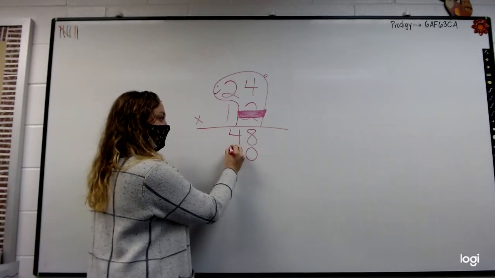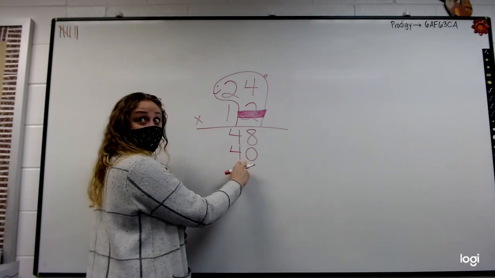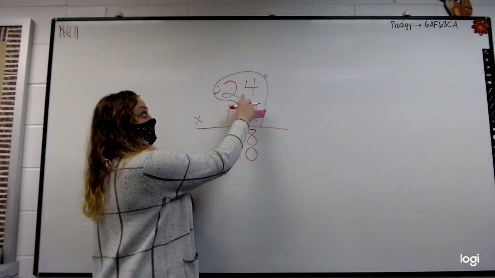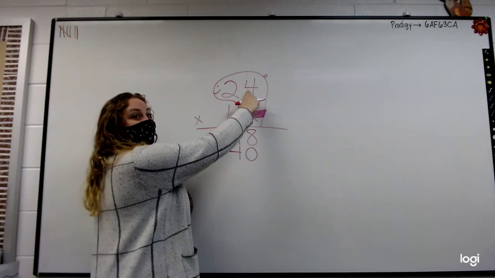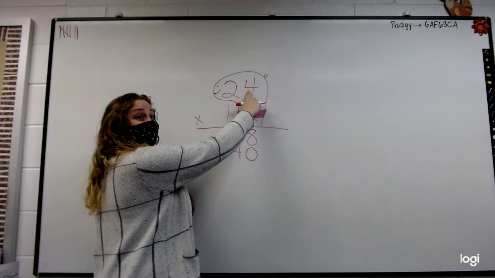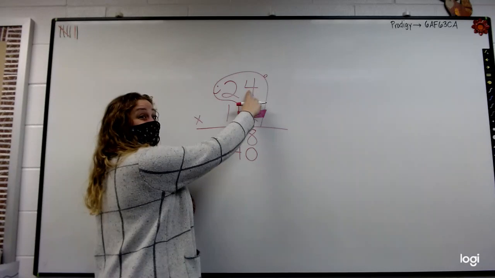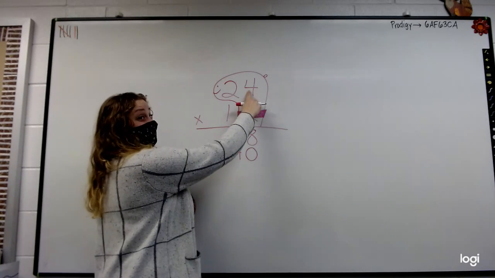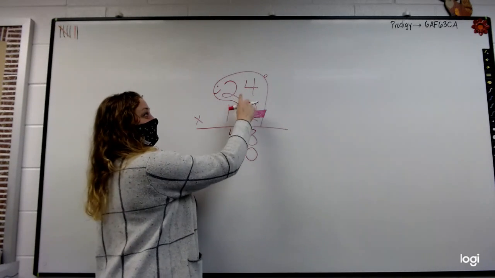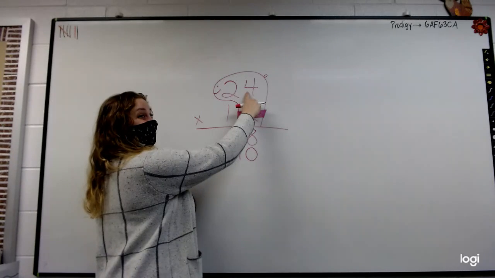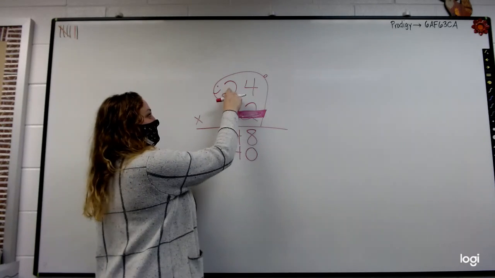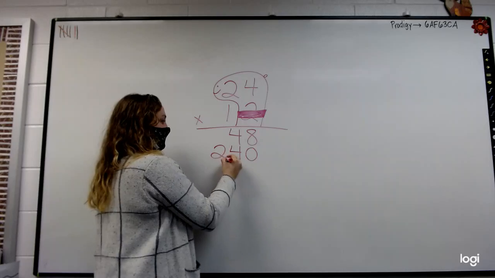You write your answer in this first spot next to the 0. Okay, we did 1 times 4. Does anyone think they might know what I do last? Cadence? Go ahead and guess. 1 times 2. That's it. Then we do 1 times 2, which is 2.